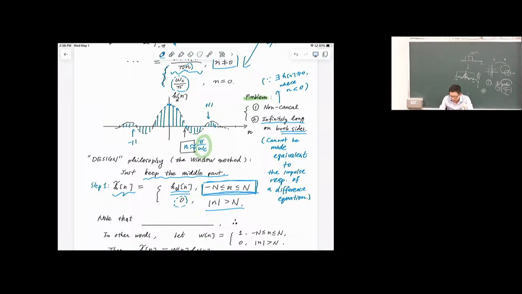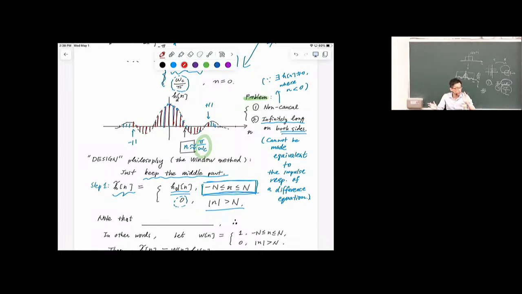We're going to call this our design, by keeping only the middle part. We keep these samples. Please bear with me if my drawing is not accurate, but you know what I mean. Keep the middle part, which should be symmetric.